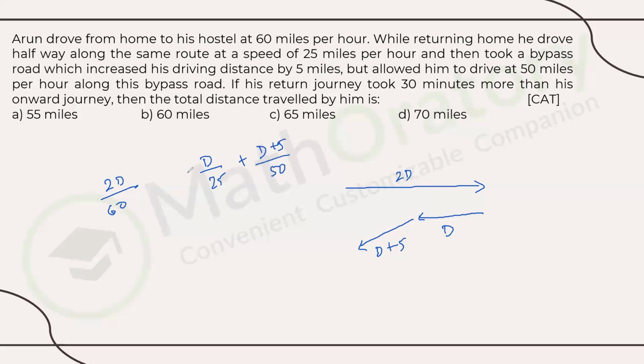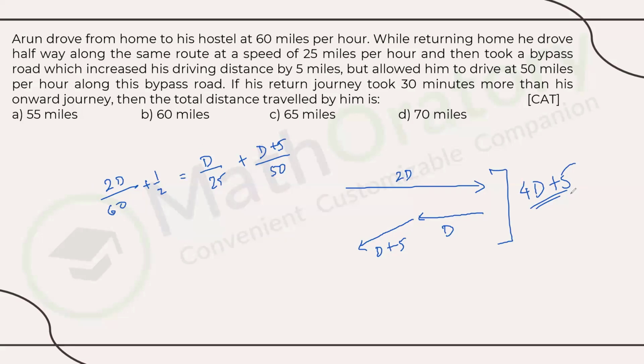Now this time is the forward time plus half an hour. Don't forget, don't just do plus 30. You'll get it wrong because everything here is in miles per hour and miles. So whatever these times are, they are all in hours. Don't make a mistake in units. So 2D by 60 plus half an hour will be equal to this. Just solve this and you get the value of D. Don't forget that the total distance will be 4D plus 5.